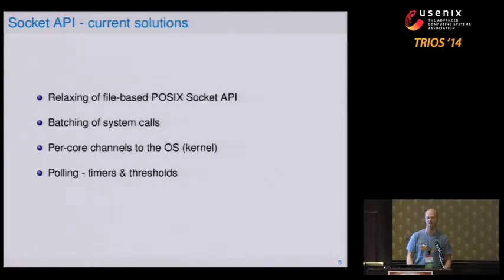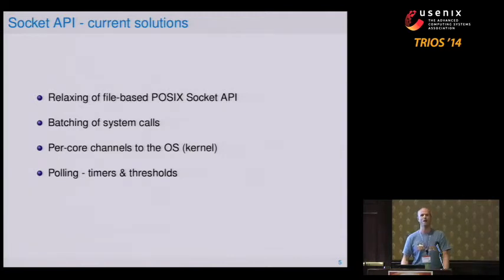Typically what changes in the new API is that they relax some of the constraints put on the API by POSIX. If the applications do not need all the bells and whistles of the POSIX API, we can take out the constraints and implement the new interfaces in a faster way.